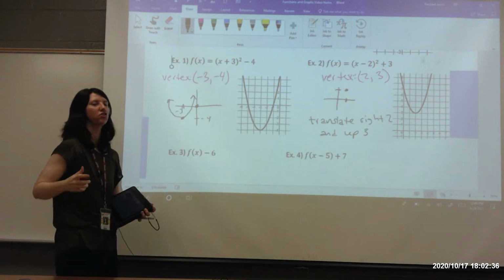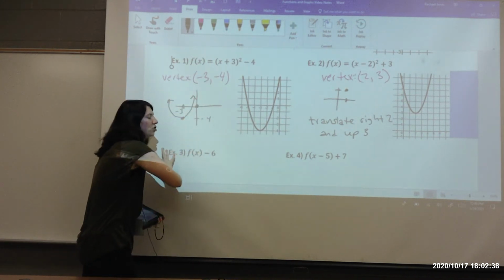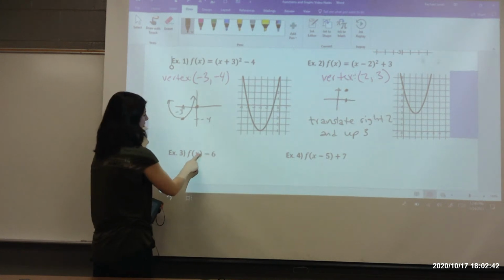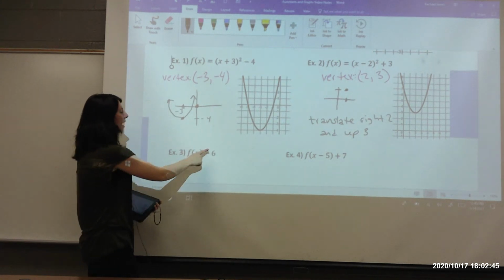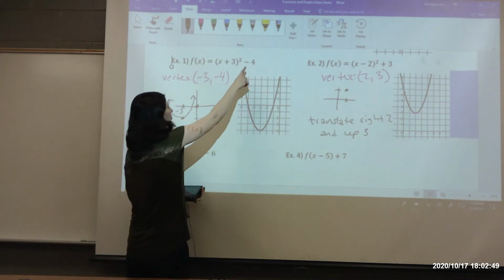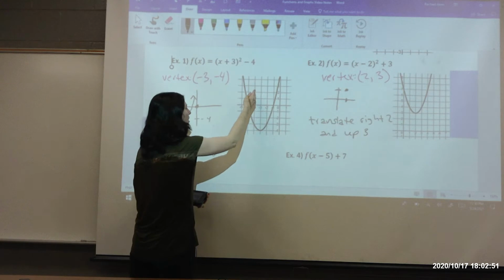So we can actually translate that knowledge to generic functions. So notice here our number is after the parentheses. So that means it's like a k value. So our k values were our y value. It was moving us up and down.